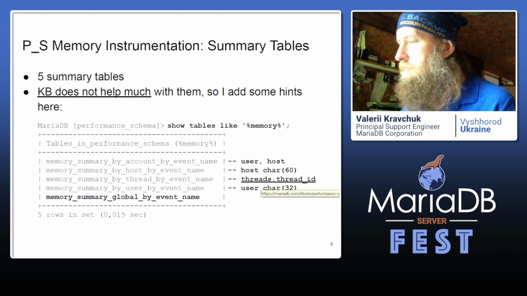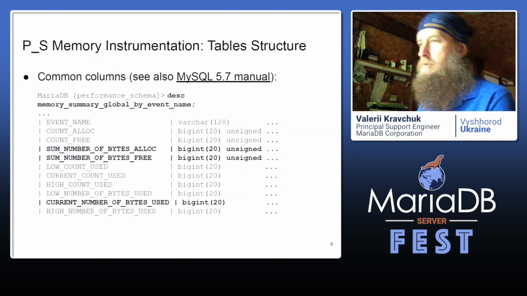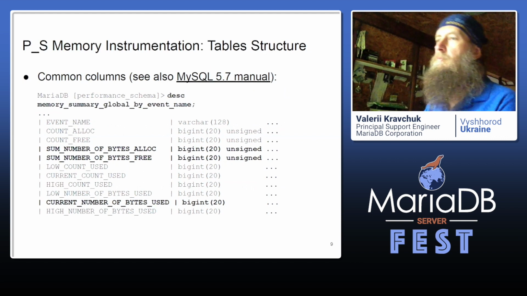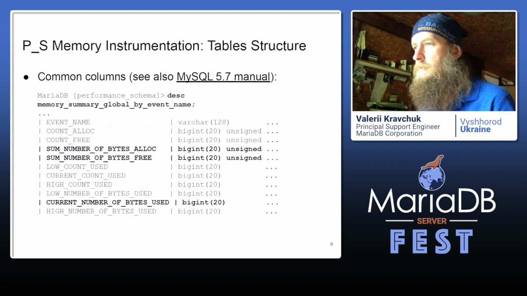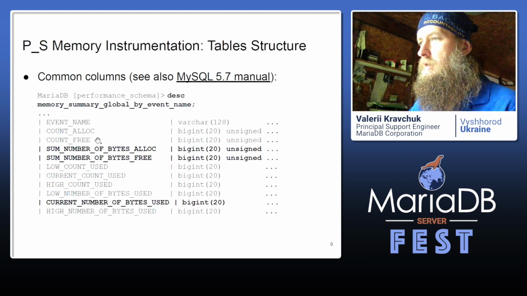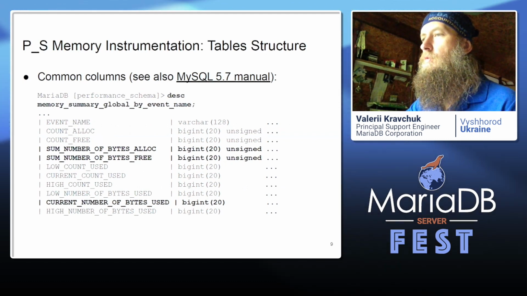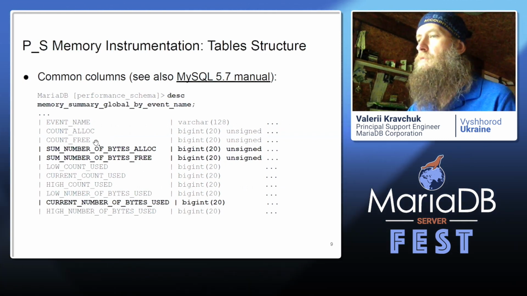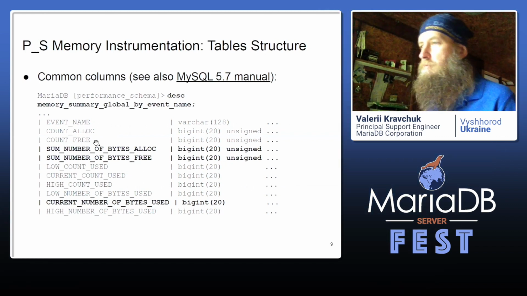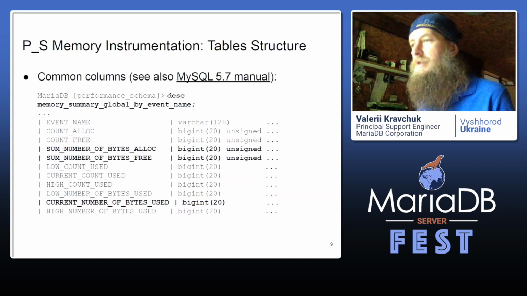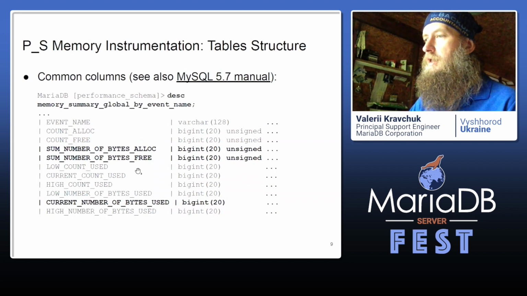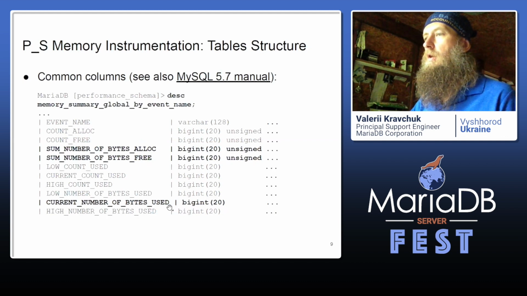These are additional fields. Let's check the main fields. Main fields for each memory event are event name, surely, number of allocations, number of attempts to free the allocated memory of this kind, total number of bytes allocated, total number of bytes freed, and current number of bytes used.